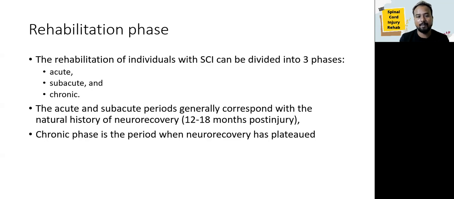This tends to vary, but in spinal cord injury, this is a sort of accepted period, and the treatment that we provide at different stages tends to vary. So we need to keep in mind which phase we are actually intervening. Obviously, in chronic phases, we expect less neurological recovery. Functional recovery is still possible, but again, it depends upon quite a lot of factors, especially on the severity of injury.